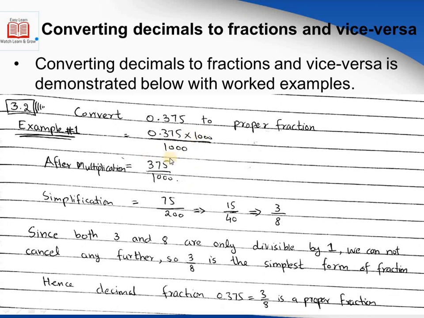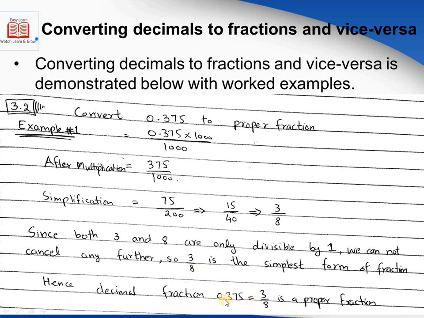So it becomes 375, and the dot would be at the end, so there is no need to write it. 375 divided by 1000, after simplification, becomes 3/8, and since 3 and 8 are only divisible by 1, we cannot cancel out any further. So 3/8 is the simplest form of the fraction.